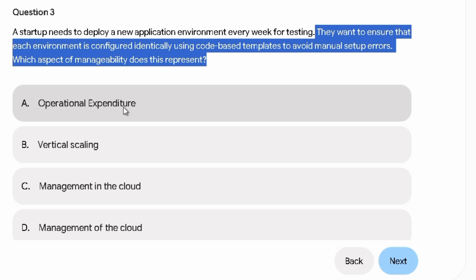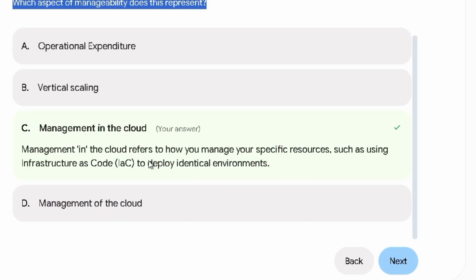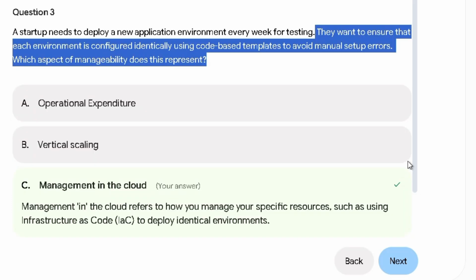I haven't covered that, so the correct answer is going to be management in the cloud. We have two correct answers right here, so it doesn't matter if you pick C or D. Both of them will be correct. Management in the cloud, remember, refers to how you manage your specific resources, such as using IaC, or infrastructure as code, to deploy identical environments.